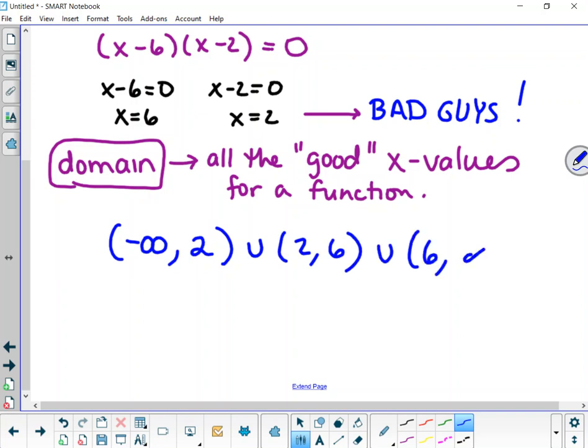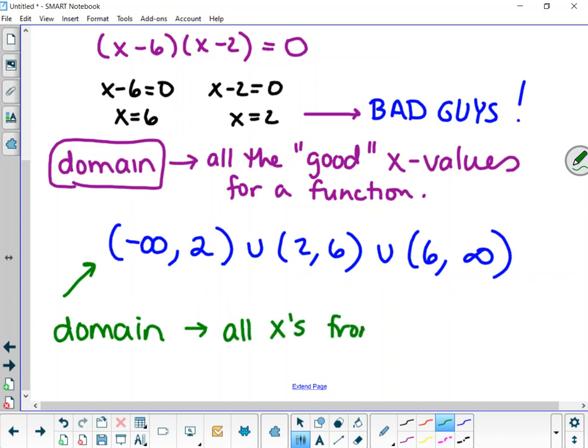Okay. Here we go. So, this is how I would describe the domain for this rational function. Basically, all x's from negative infinity to infinity except x equals 2 and x equals 6.